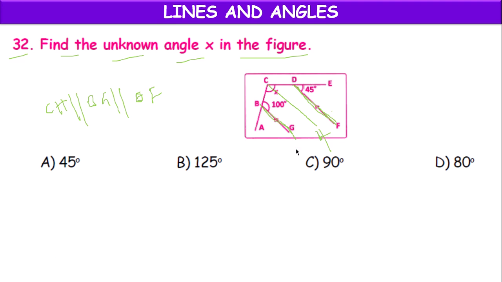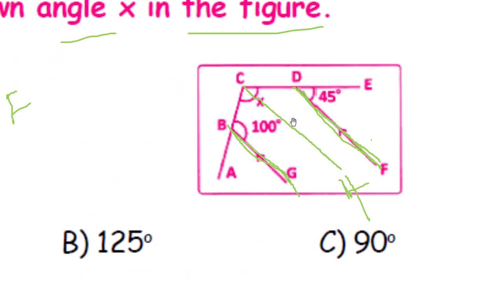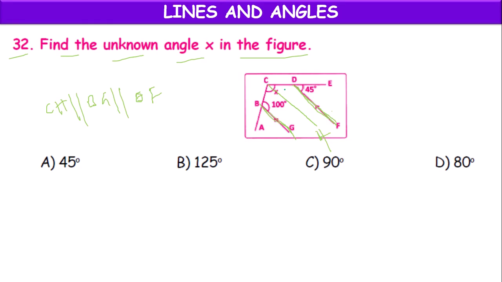Now according to this, BZ and CH are parallel lines and BC is the transversal. This X is divided into two parts.